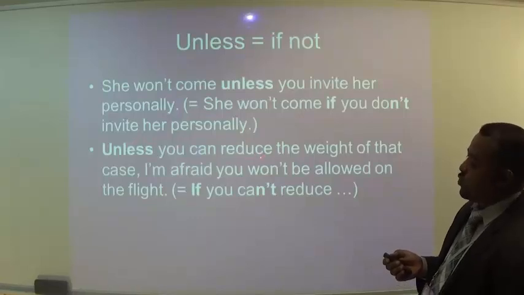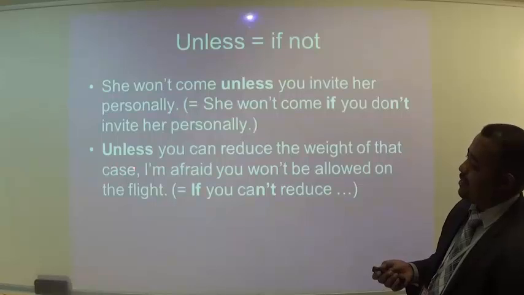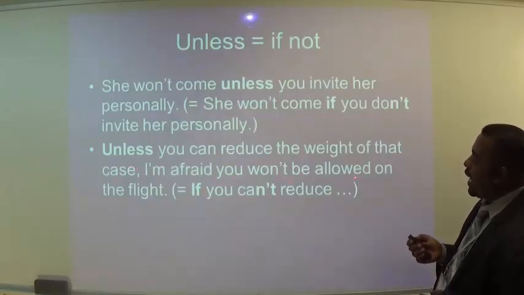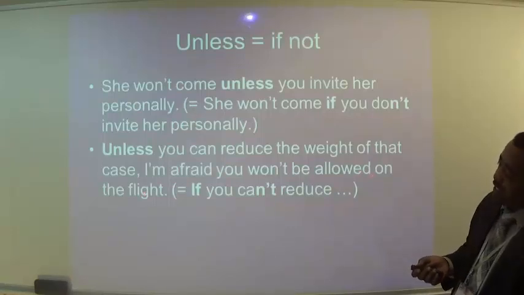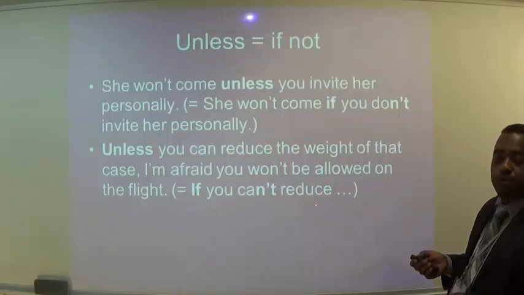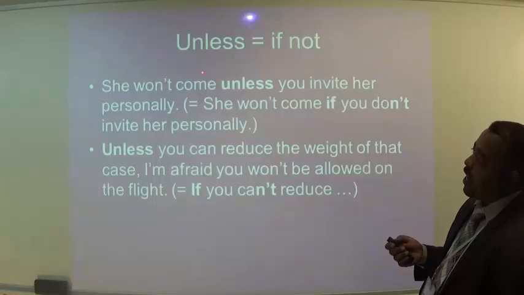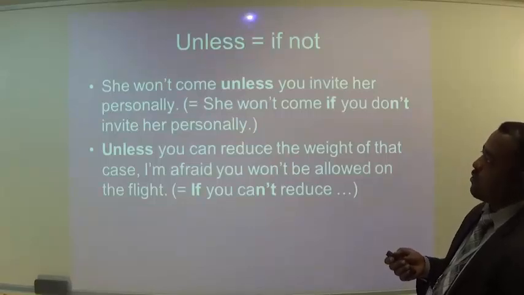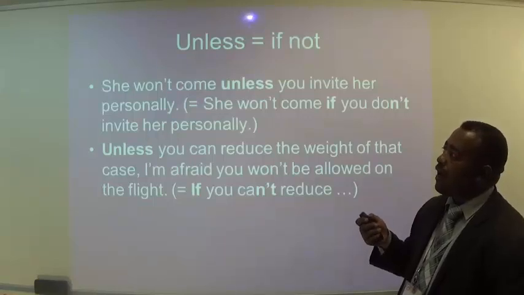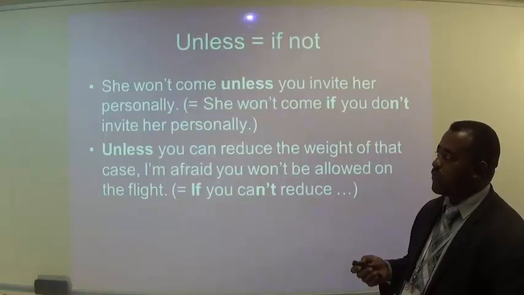Unless you can reduce the weight of that case, I'm afraid you won't be allowed on the flight. It means if you can't reduce. So this is the meaning of unless, and the majority of students lack exact knowledge of using unless in conditional sentences.